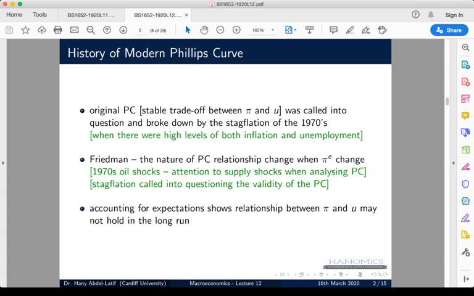Stagflation called into question the validity of the Phillips curve idea itself, and some economists even questioned whether it would hold or not.